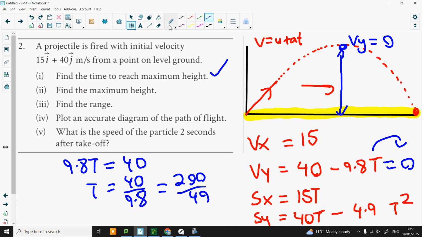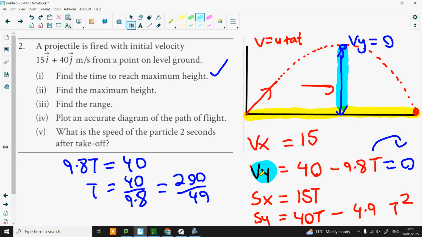Now, it wants me to calculate the maximum height. What formula should I use? Should I use Vx? The velocity is 15 in the x direction? No. Should I use Vy? It wants the distance, and height is a distance.